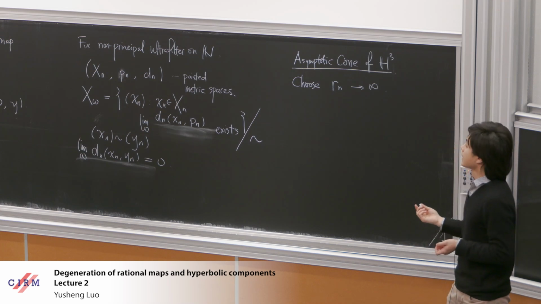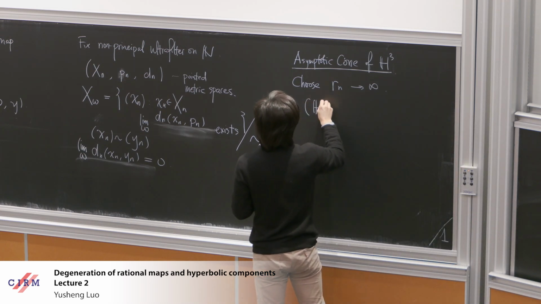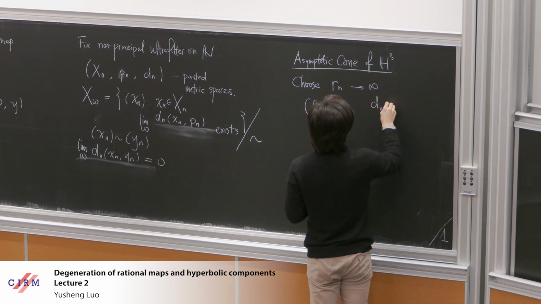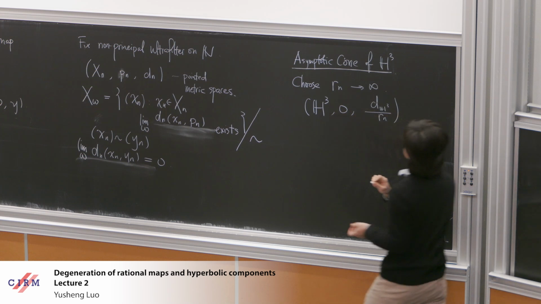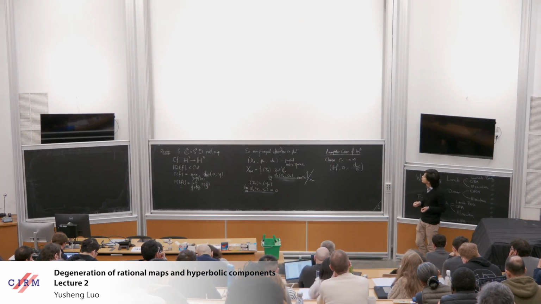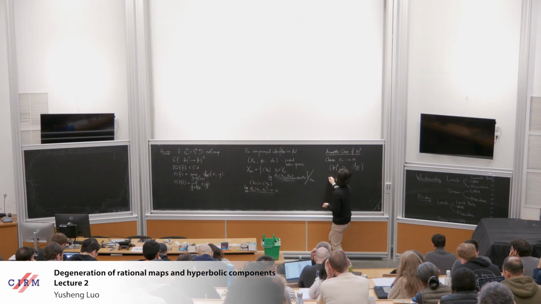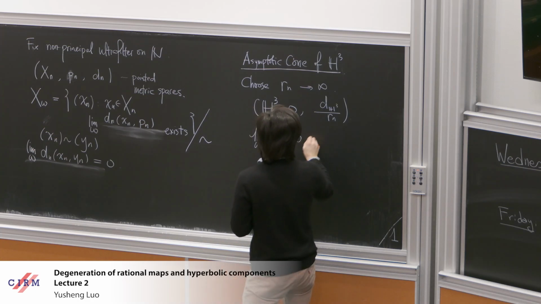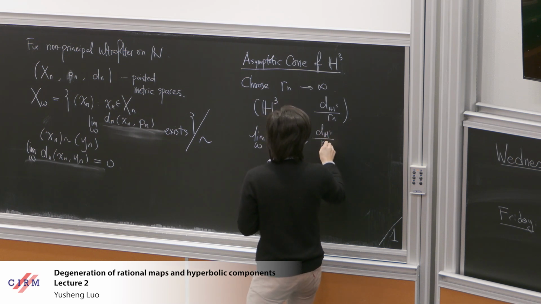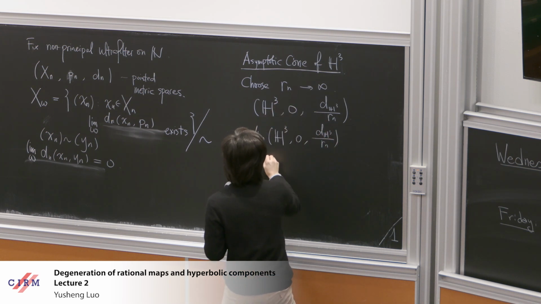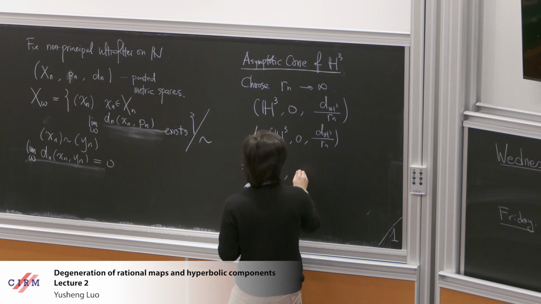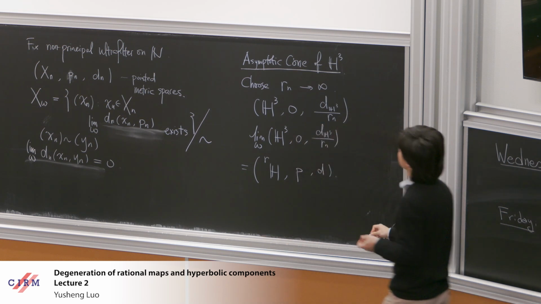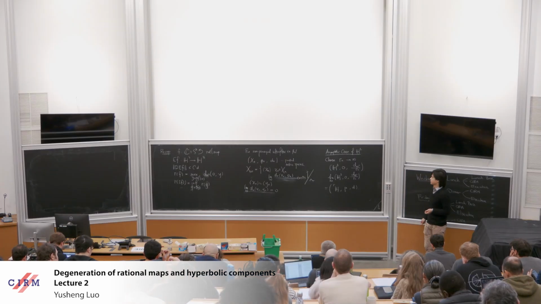And then we take the ultralimit of H^3, the base point 0, and the metric we're going to put is simply the rescaled hyperbolic metric. And I'm going to denote the ultralimit of this simply by R of H^3 for the base point p, and I'm just going to use d to denote the metric.